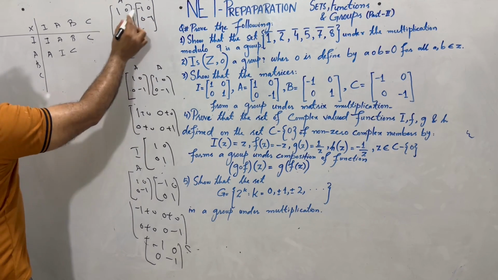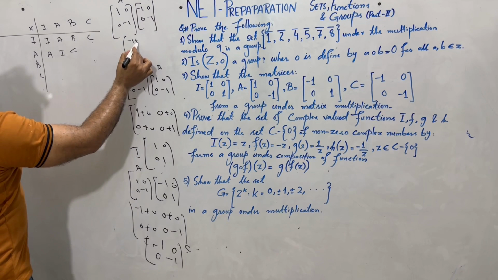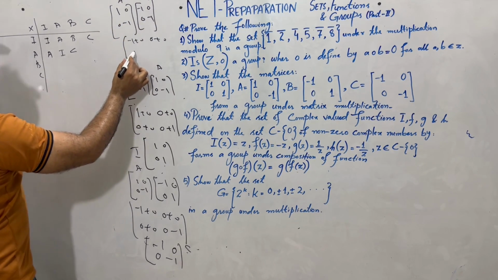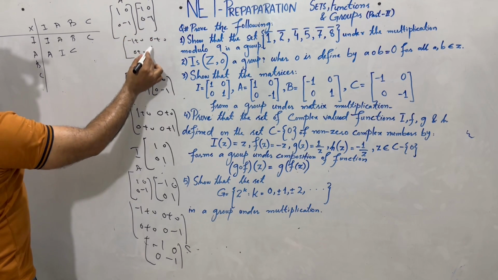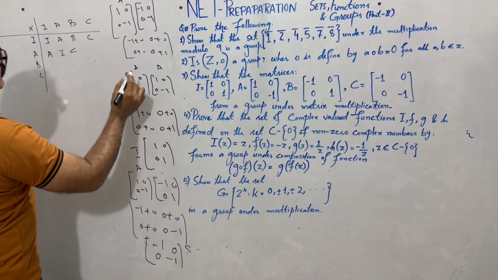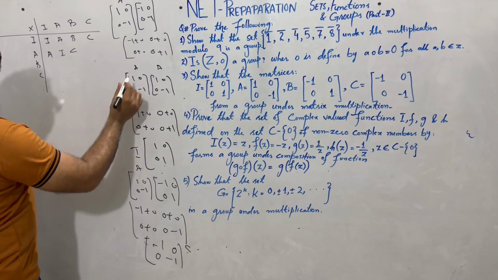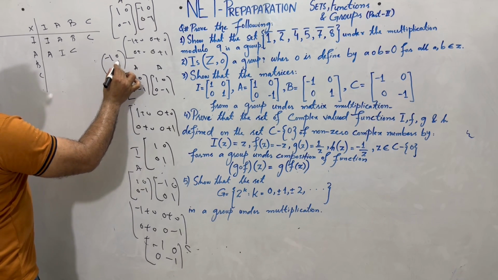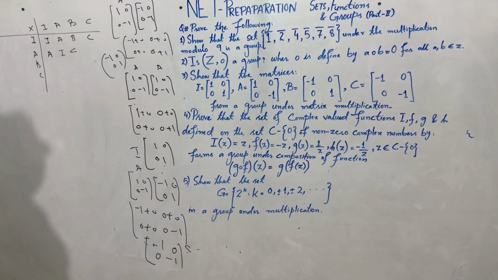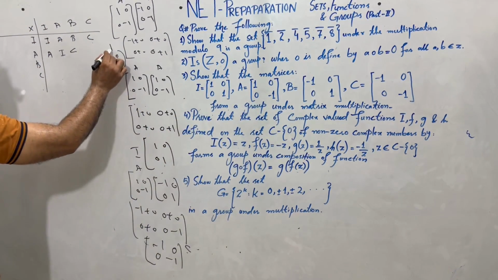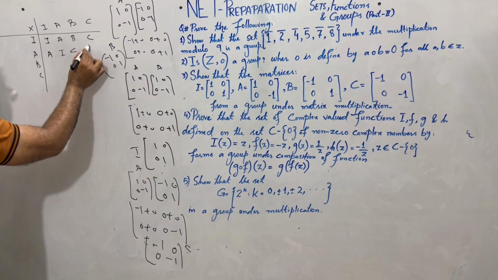It will become minus 1 plus 0, 0 plus 0, here it's 0 plus 0, that is our 0, 1 times 1. We have something like [-1 0; 0 1]. That's the value of B. It's equal to B.